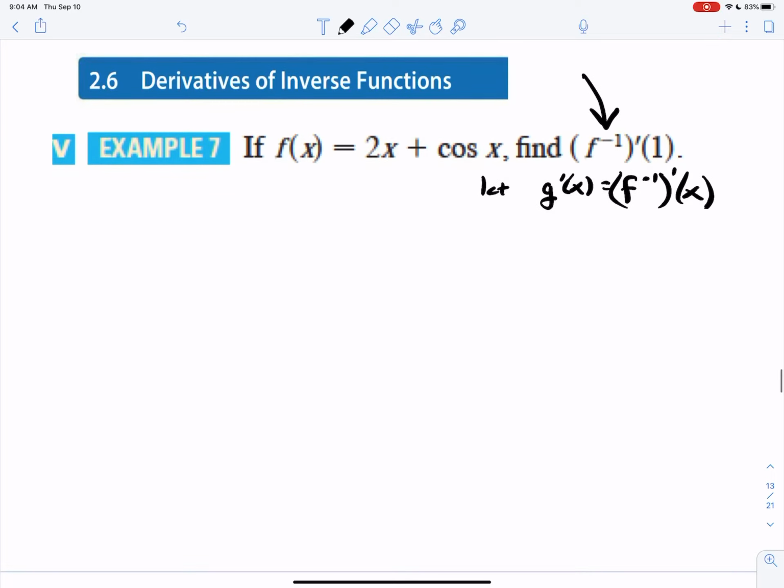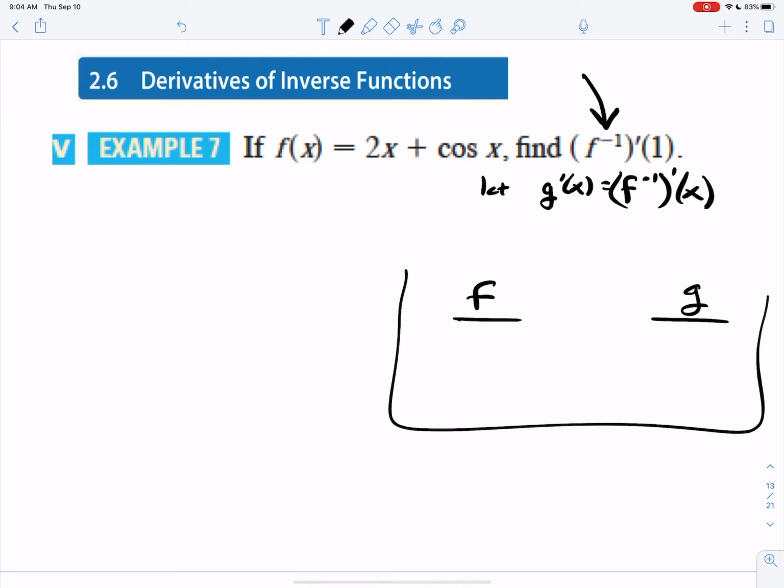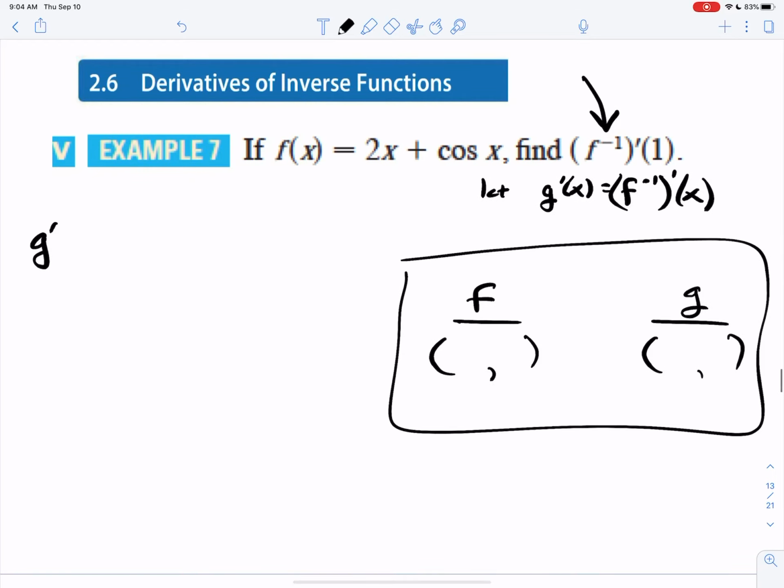Okay, so right away, your first step, that's going to get you this problem every time, is f and g here. We're going to put in 2 blank points. They're asking us to find g prime of 1 here. What does that tell you guys?